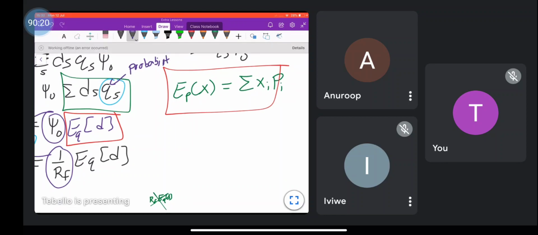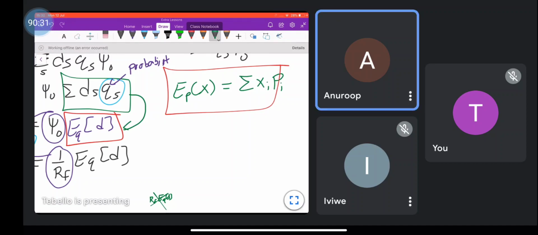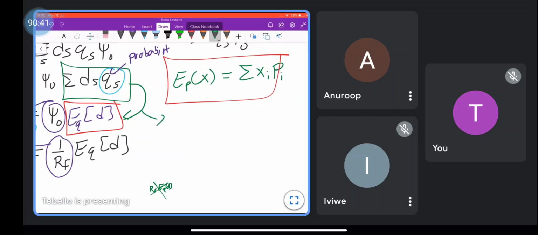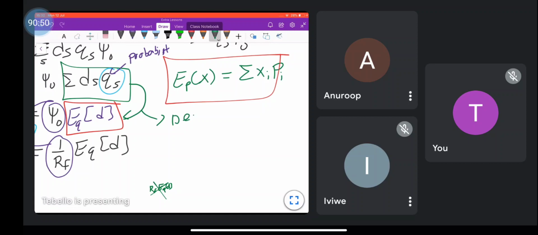So by definition, this whole thing can be translated like this, using the elementary states. Oh, sorry, wait, the elementary states. So this is just the definition of expectation.